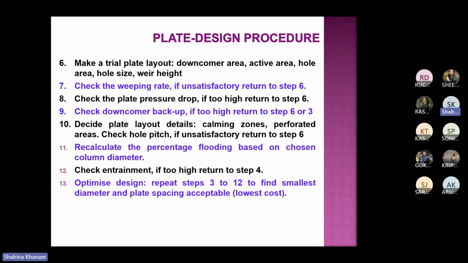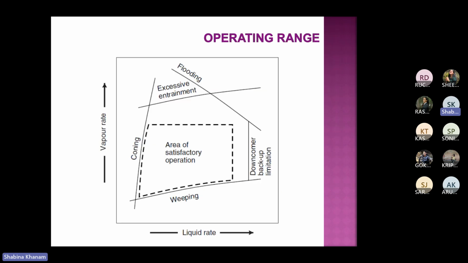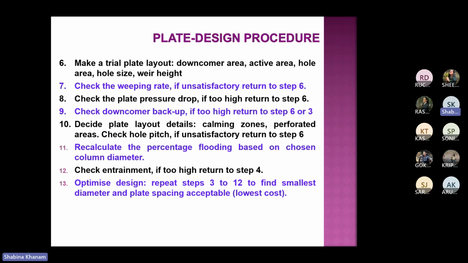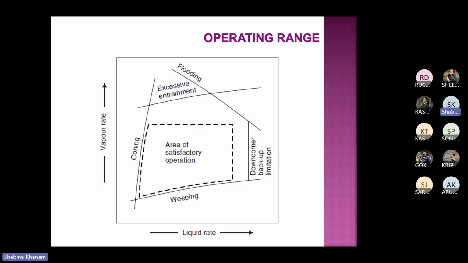In plate hydraulics we are discussing the plate design, and the design is a bit complicated because you need to adjust so many parameters within the permissible limit. So this is the procedure, and this is the operating range we are considering.